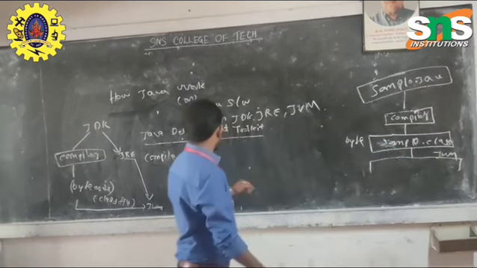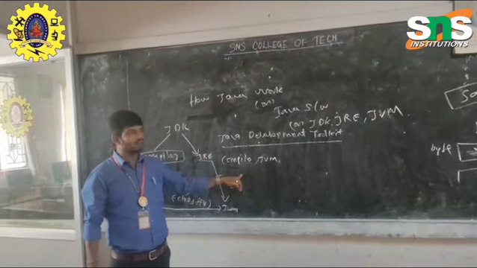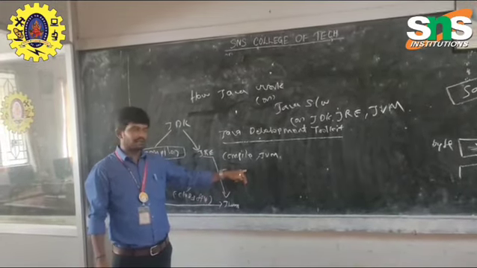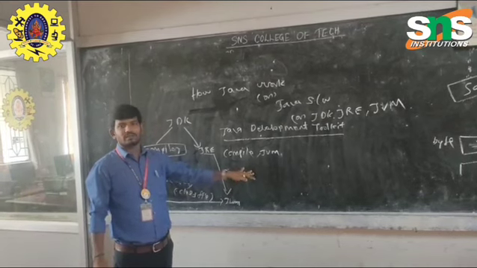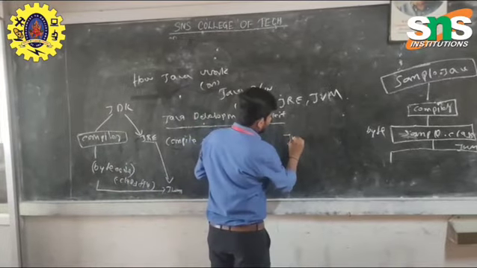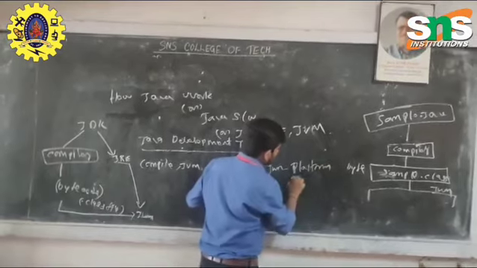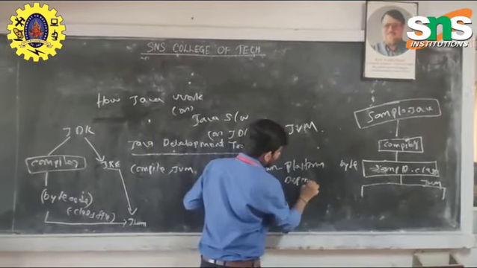So the JVM is a Java Virtual Machine. It contains different Java virtual machines depending upon the different OS like Windows or Linux. So the JVM is platform dependent. It is not independent.